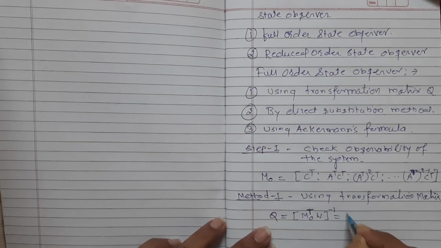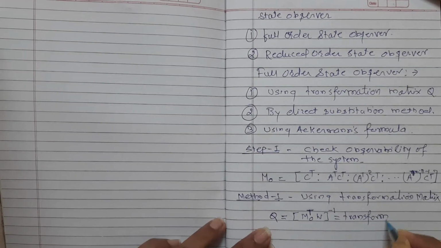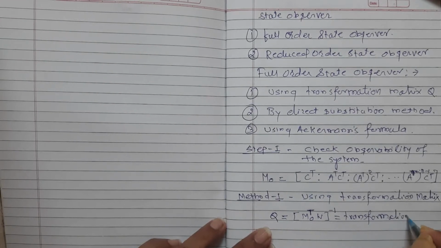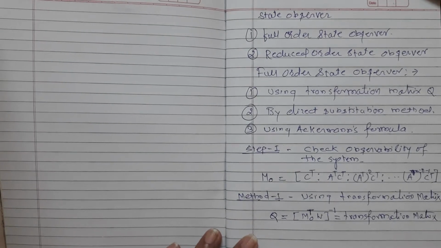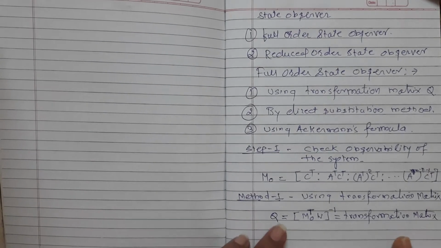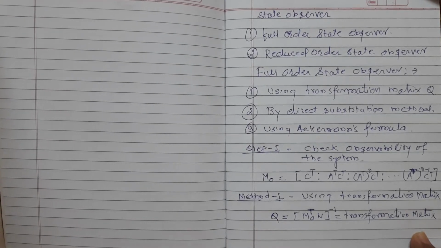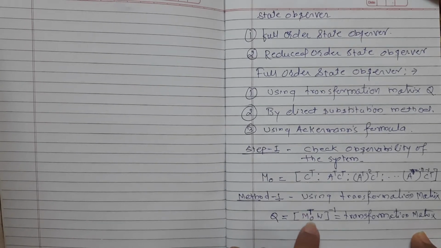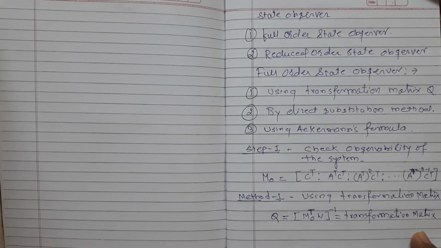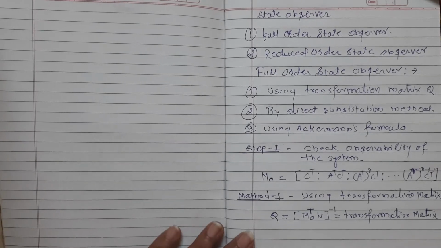In the pole placement method, the transformation matrix T is given by MC multiplied by W. Here it is M0 transpose multiplied by W, and its inverse. And this W is the same as in the pole placement method.